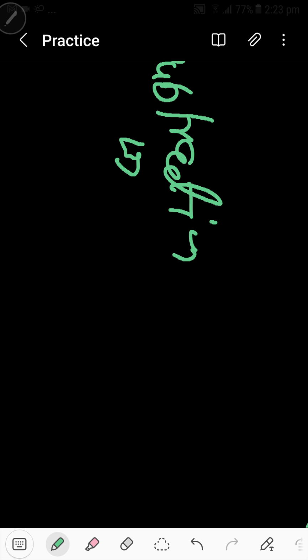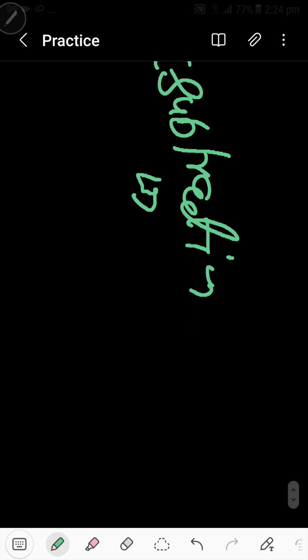So from 9: 8, 7, 6, 5, we land on 5. So 5 is the answer to the subtraction.